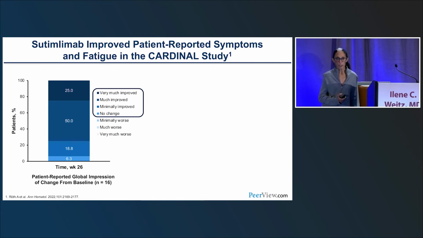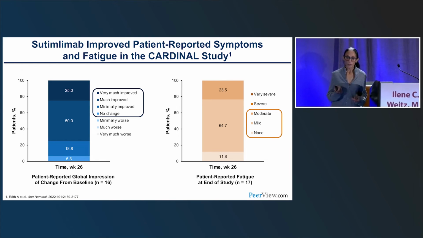If you look at the patient-reported symptoms and fatigue, you could see that at week 26, most of the patients had improvement in their symptoms, either very much improved or much improved, minimally improved, and very few had no change, and none reported their symptoms as being worse.